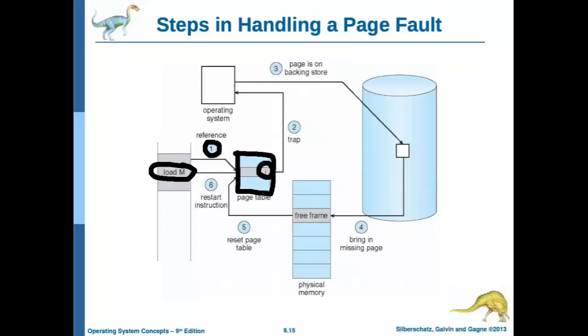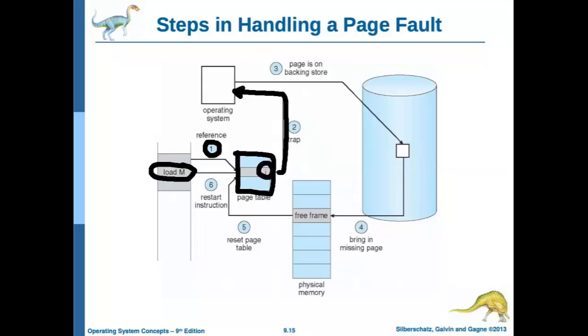And what is the meaning of this I? The page is invalid. That means the page is not in main memory. If that is so, the memory management unit will send a trap interrupt to the operating system. This is step number 2. Step number 1 is to refer the logical address; for that it will consult the page table.